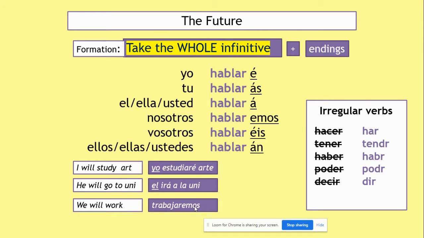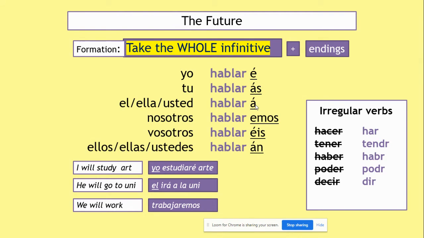Okay, haber is the verb that we use for there is or there are. So this verb is quite particular because we probably will use the there will be, and then we will use this á, for the he or she or it. Okay, habrá.